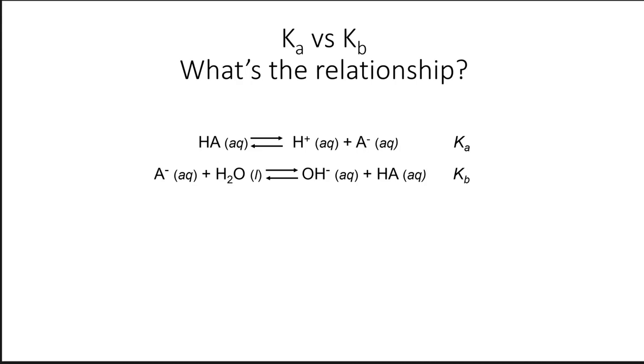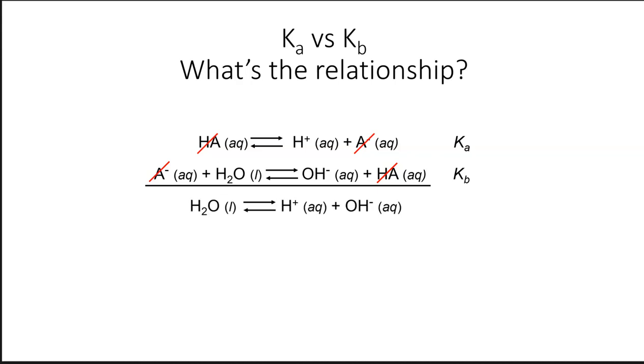Remember from manipulating equilibrium expressions from the previous chapter, we could combine these two equations and get the anions to cancel. And what we're left with after canceling out the weak acid as well is the dissociation of water, H2O into H plus and OH minus, which we define as Kw.